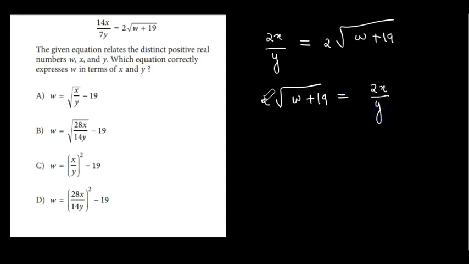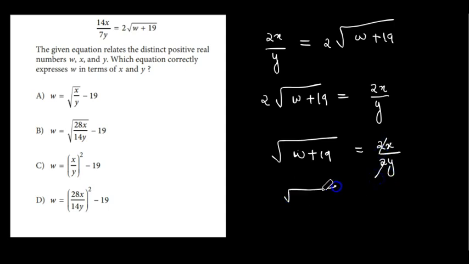I can bring this 2 to the other side. Once the 2 is transposed to the right side, it goes to the denominator. So square root of w plus 19 is equal to 2x over 2y. You can easily cancel the 2 and 2, so square root of w plus 19 is x over y. Now you have to get rid of this square root. To do that, you square both sides.